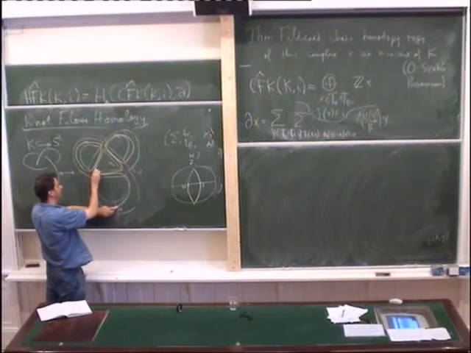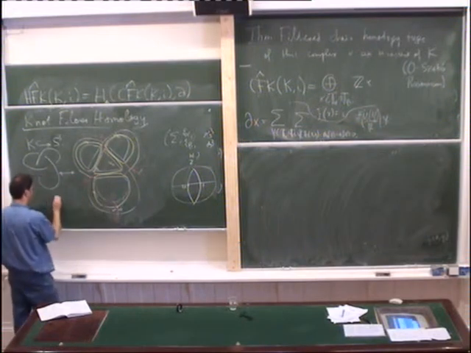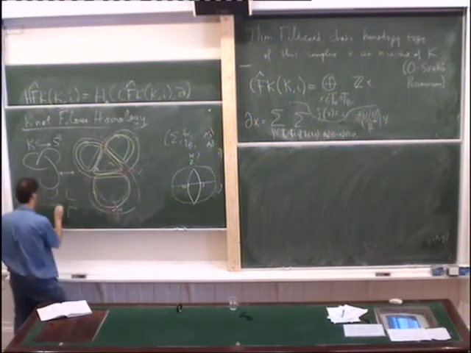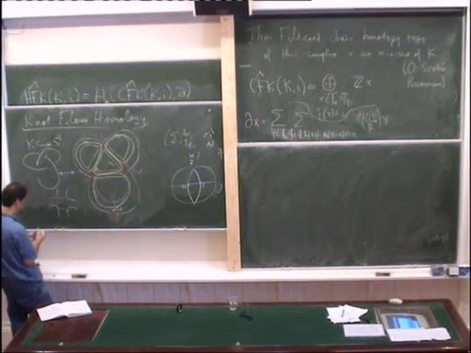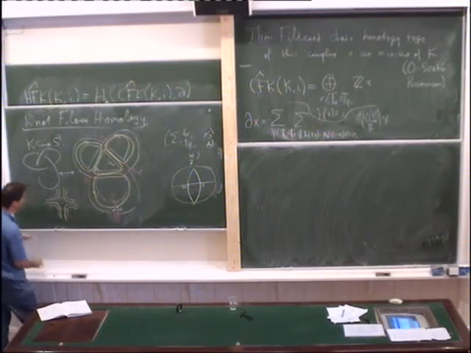Either we have that this meets this, and we have A here. If this beta circle meets this, let's just look in a little neighborhood. In a little neighborhood, we have this kind of picture, and there are four possible intersection points.